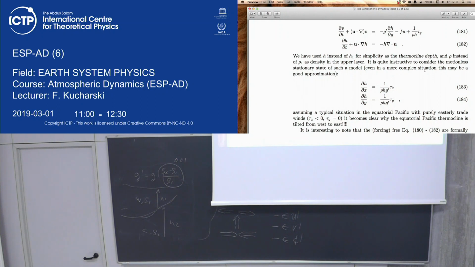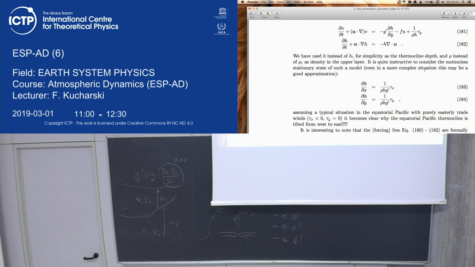This is a very useful equation, and it explains immediately that within this model we can nicely explain why, given the fact that we have trade winds, the thermocline should be tilted, because it's written here. If there are zonal winds, then the thermocline should be tilted. So we can explain this. It's nice.